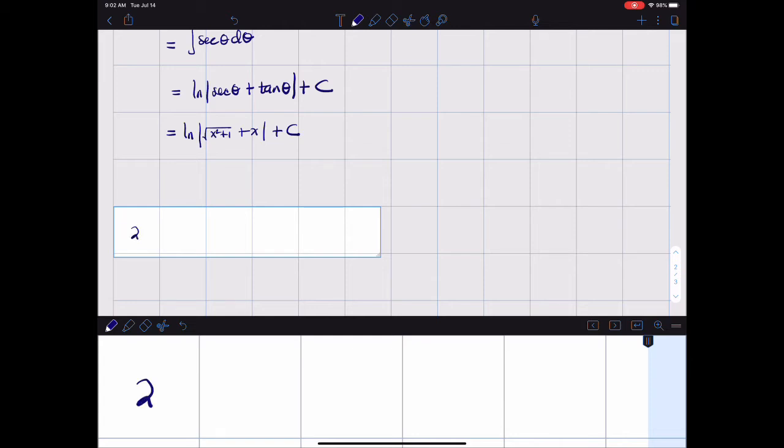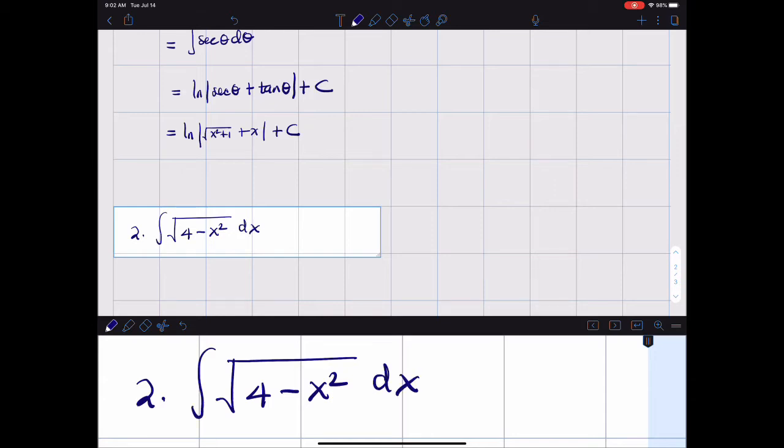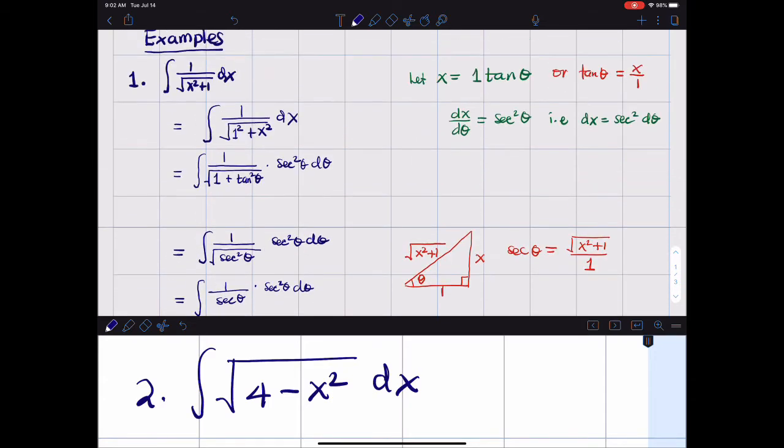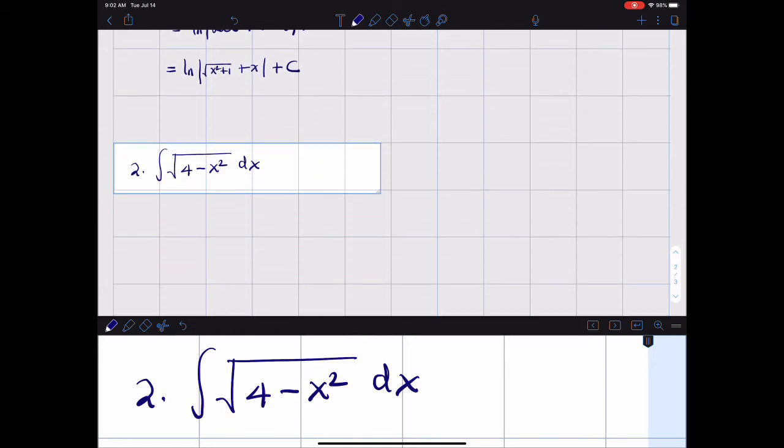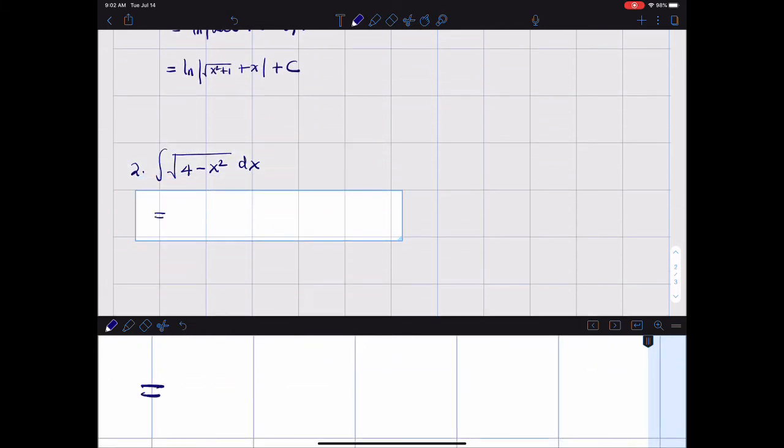number 2, the integral of the square root of 4 minus x squared dx. Okay, so we can begin by making a substitution. We just have to realize that this is the same thing as the square root of 2 squared minus x squared dx.